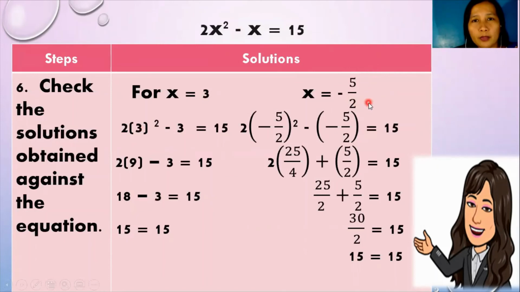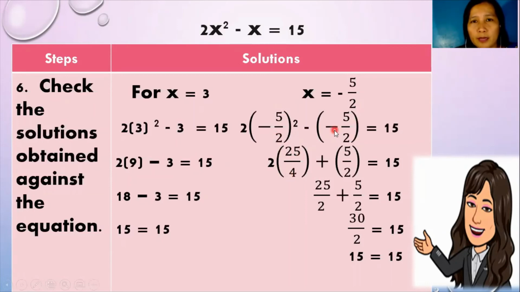Okay. How about the second one? Negative 5 over 2. Let us substitute negative 5 over 2 into x. So it becomes 2 times the quantity of negative 5 over 2 squared minus negative 5 over 2 equals 15. So negative 5 times negative 5 is positive 25. 2 times 2 is 4.